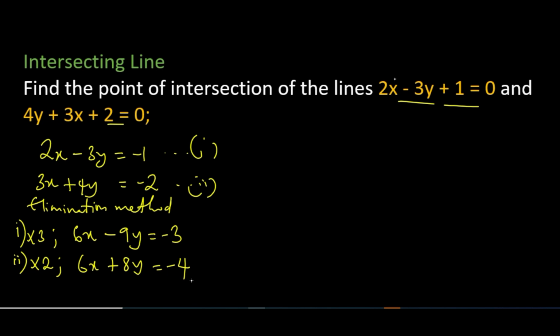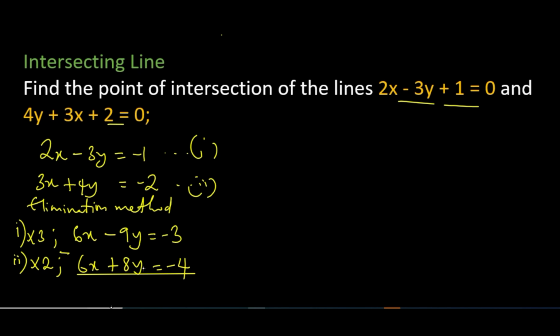To eliminate x now, we subtract equation 4 from equation 3, the new equations we have now. If we put minus here, 6x minus 6x becomes 0.